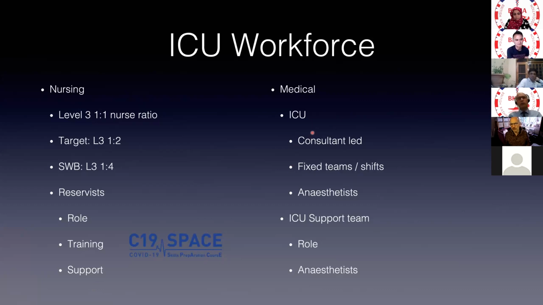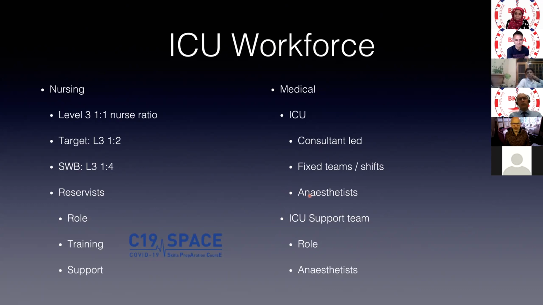Medically, we had 2 intensive care units. We then used 2 ward areas for intensive care as well. Every unit was consultant led, and we did that by just massively increasing our hours, and we provided 24/7 on-site cover, bulked out by some of our anaesthetic colleagues who also assisted.